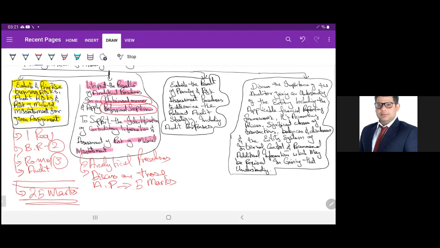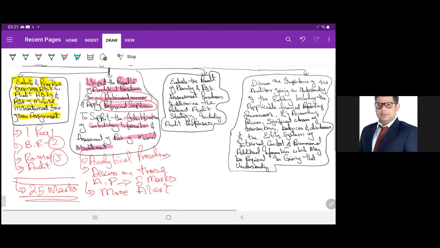Meaning you as an auditor, you have to show to the examiner that in a scenario where you will be more skeptical, you will be more alert that there can be an error or the risk of fraud and etc. More alert, right?